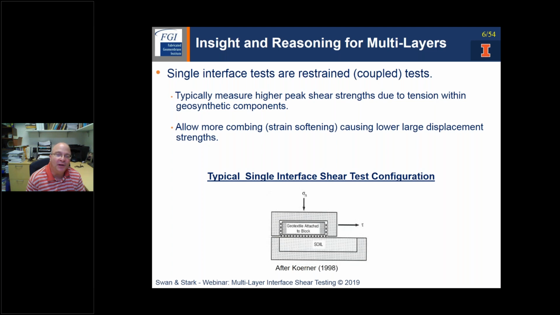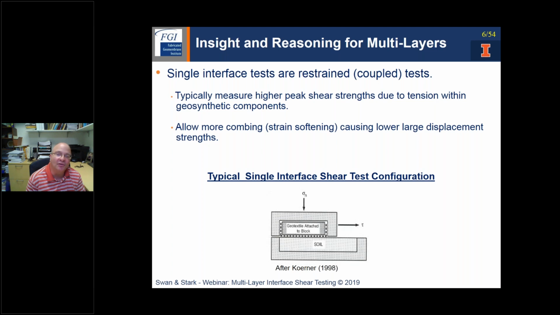And by doing that clamping, even though we might have substrates underneath that will try to minimize the interface friction between the substrate and the geosynthetic, there's still a high likelihood of some tensioning developing within the geosynthetic because of that being constrained or connected to the one box over the other. So that tensioning may or may not be representative of what's in the field.